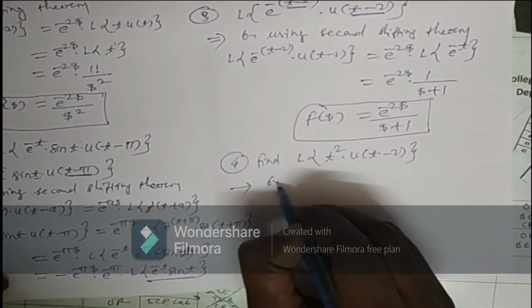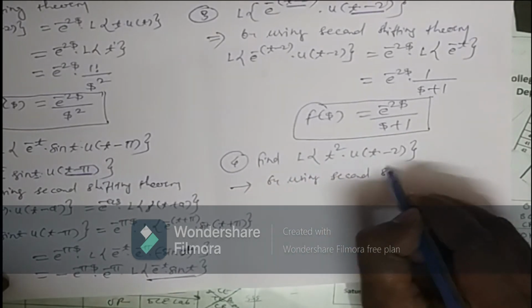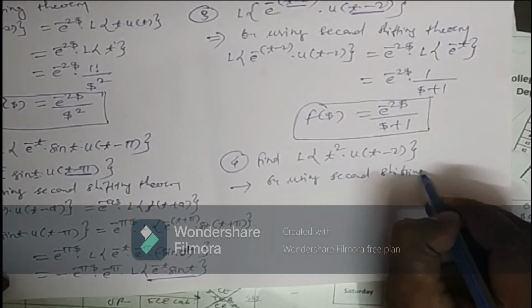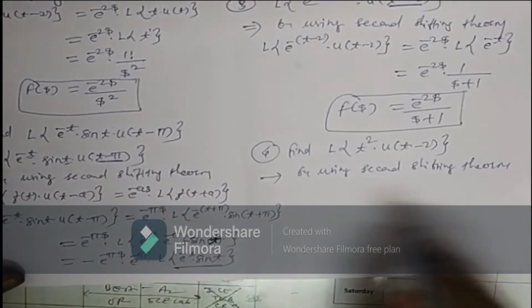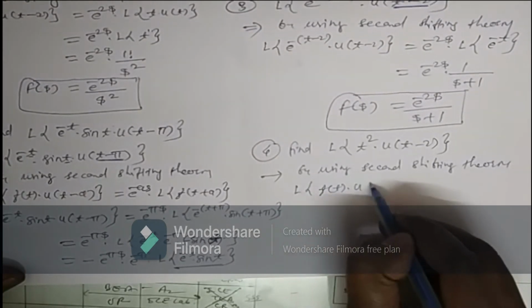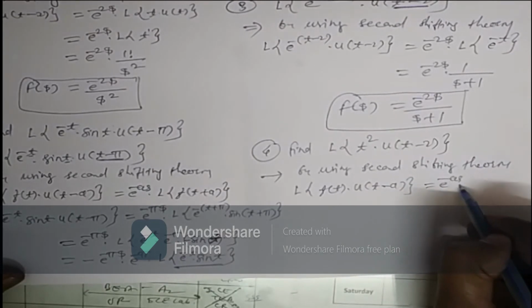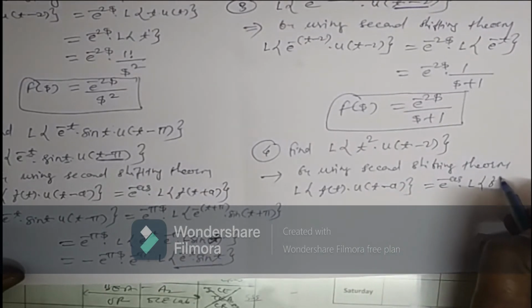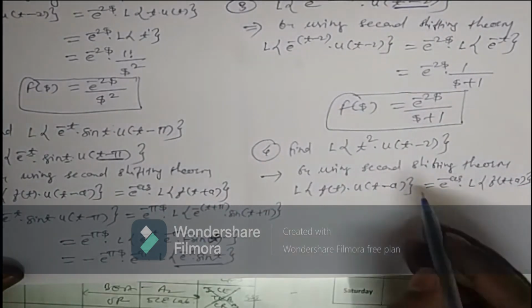So here again by using second shifting theorem. Okay, what is that? Laplace transform of f(t) into u(t minus a) is equal to e raised to minus as into Laplace transform of f(t plus a). Okay, simple. So now use this formula.